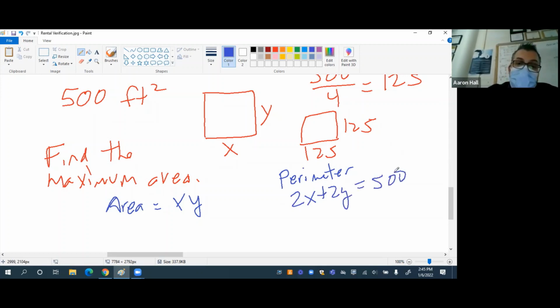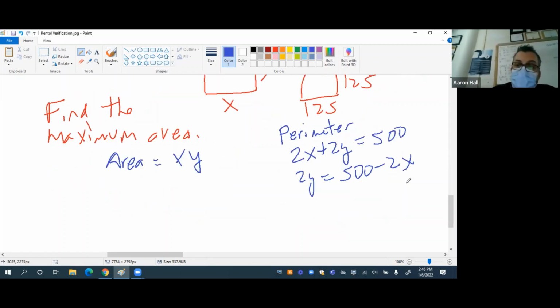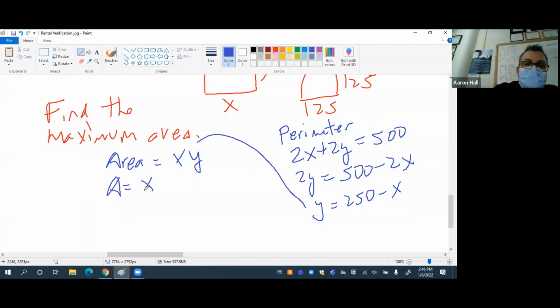We want to solve for one of these so we can substitute it in. I guess you subtract the 2x from both sides. Okay, so I have 2y equals 500 minus 2x. That gives me y equals 250 minus x. Are you okay with that? Okay, so I'm going to substitute that in. So that gives me that the area equals x times 250 minus x.